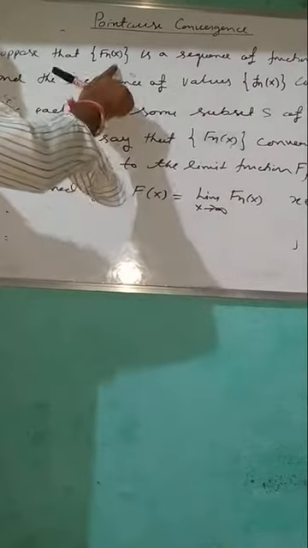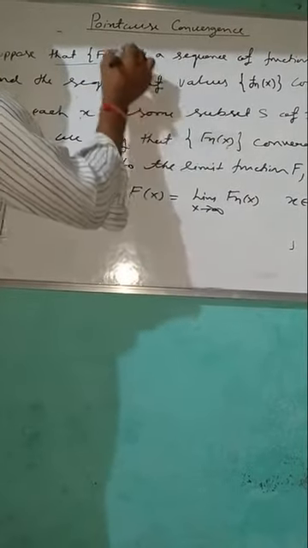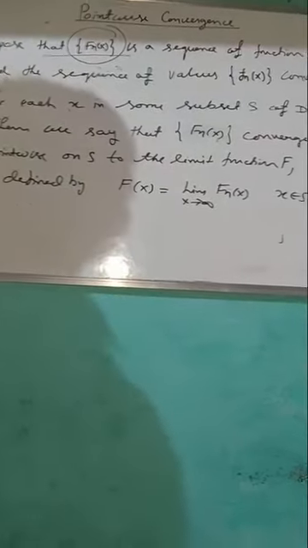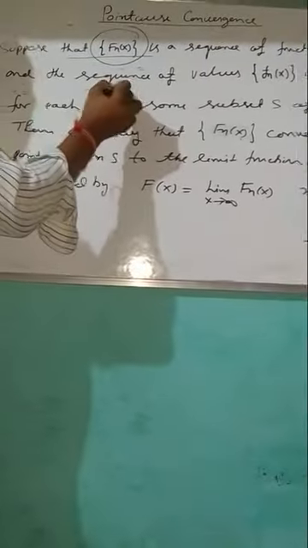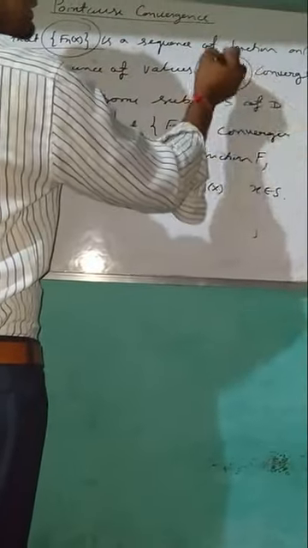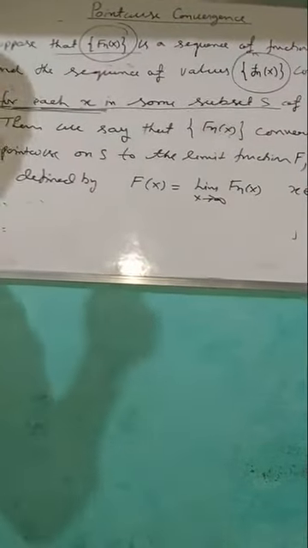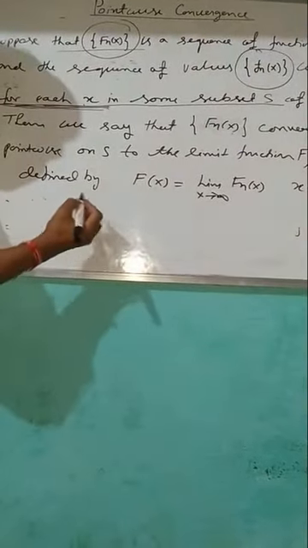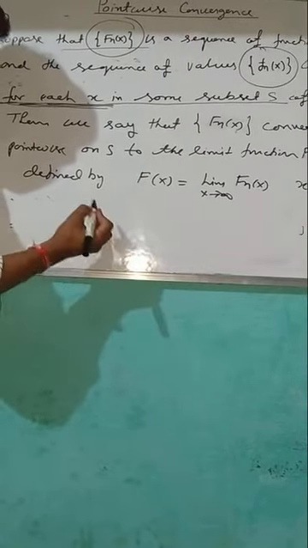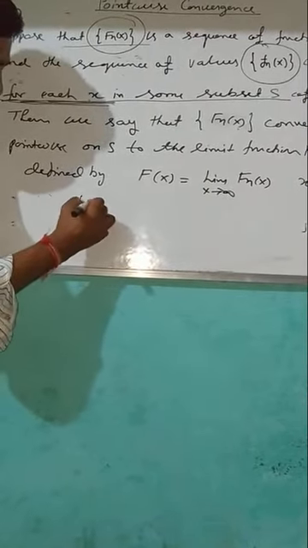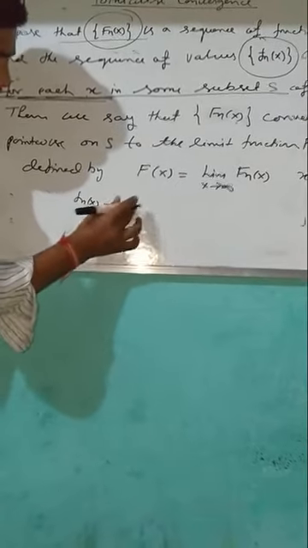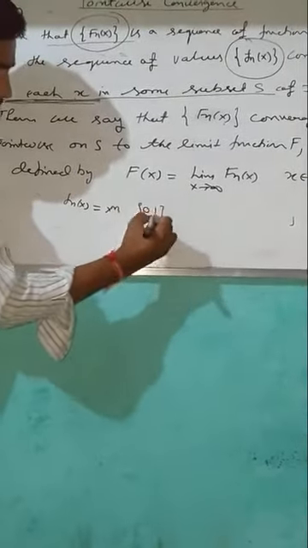Suppose that f_n(x) is a sequence of functions on any domain D, and the sequence of values of f_n(x) converges for each x in some subset S of D. Same as in the previous example, f_n(x) equals x^n and the domain is 0 to 1.